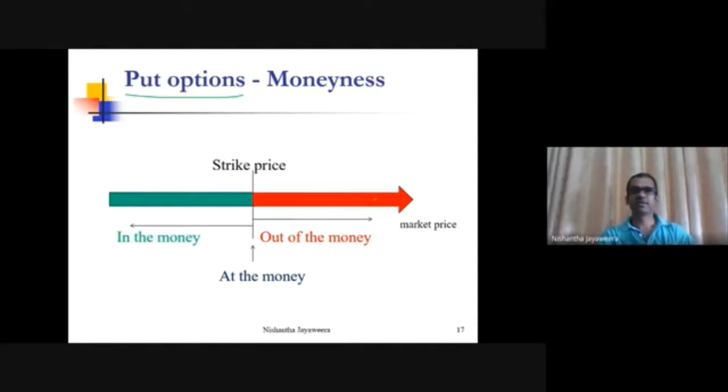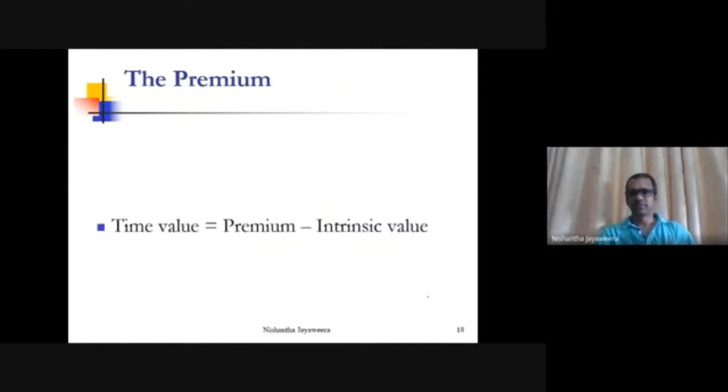When the market price is higher than the strike price, the put option is out of the money, and when strike equals the spot price, the option is at the money. So now we have discussed intrinsic value, and based on it, the at the money, out of the money, and in the money conditions.